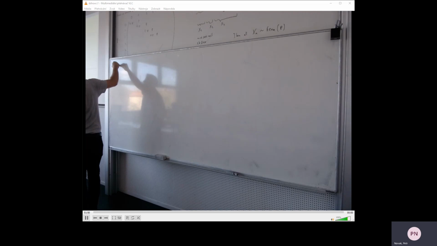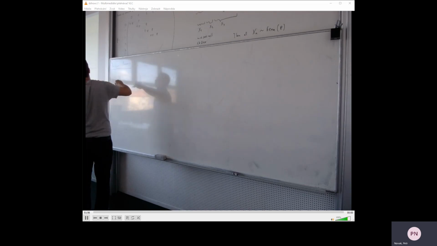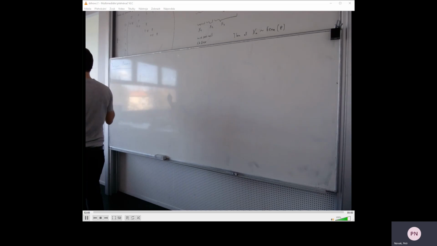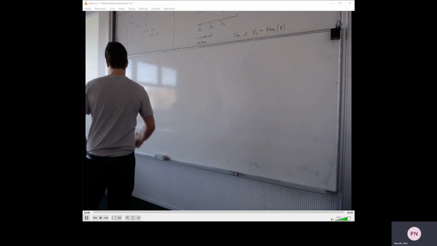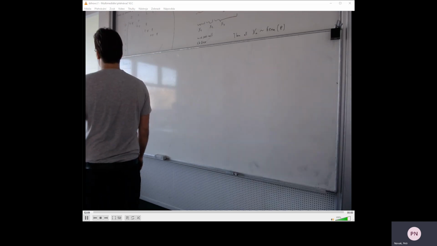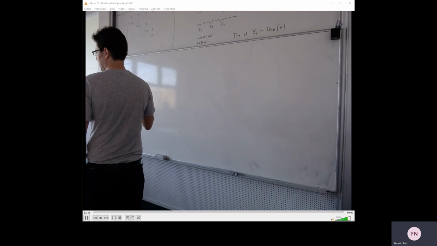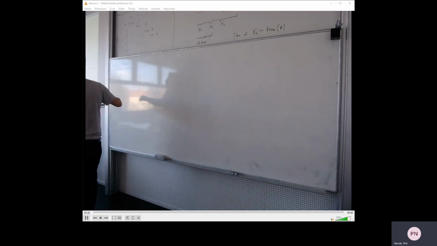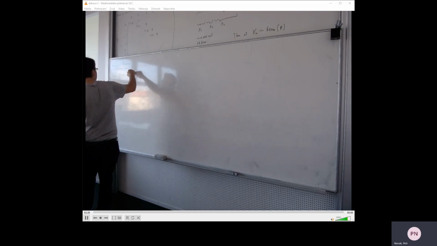A Poisson process is such a process which counts how many occurrences of some event we have up to time t, if the times which lapse between the occurrences are exponentially distributed.